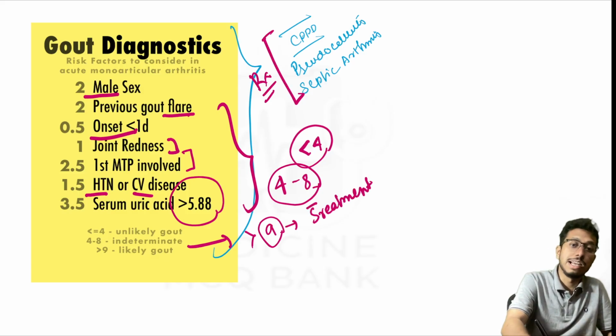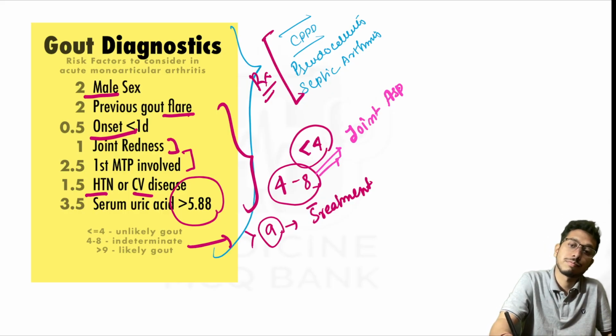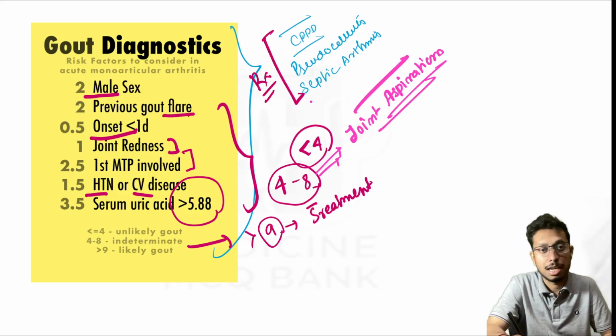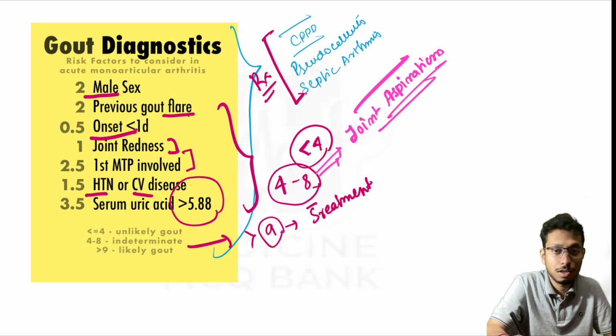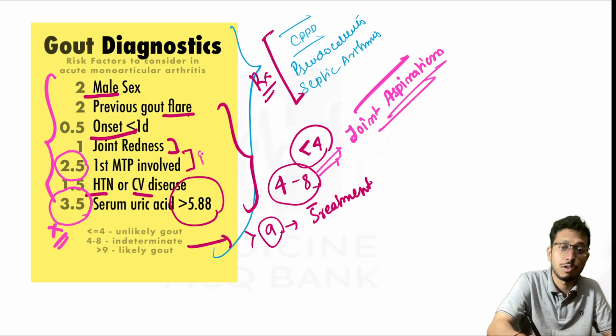When it is 4 to 8, things get dicey and you need to go for joint aspiration to check for the crystal types. All right. So here, as you can see in this risk factor scoring, serum uric acid level has been given the maximum points, followed by 2.5 for first metatarsophalangeal involvement, which is also known as podagra.